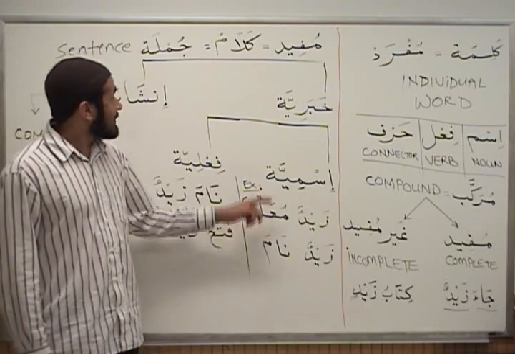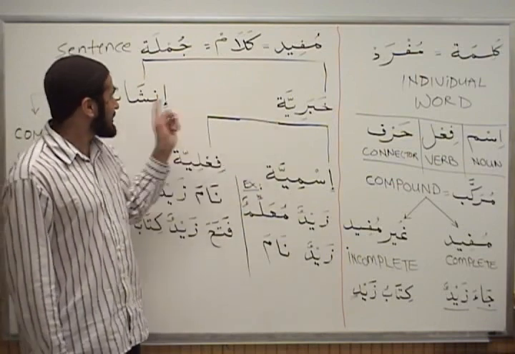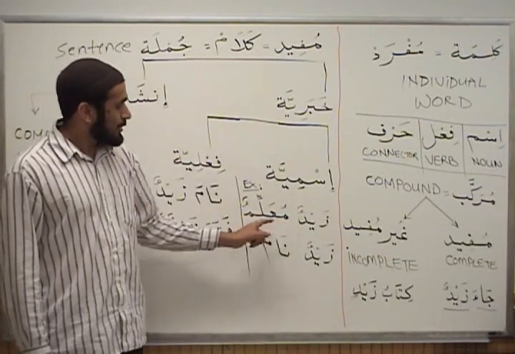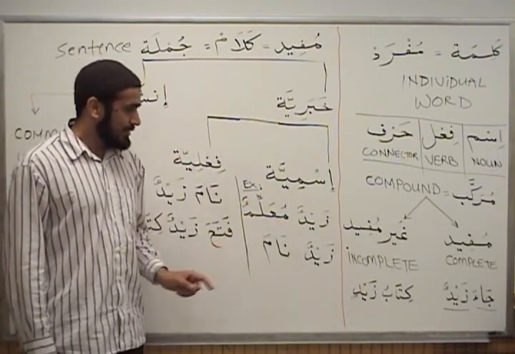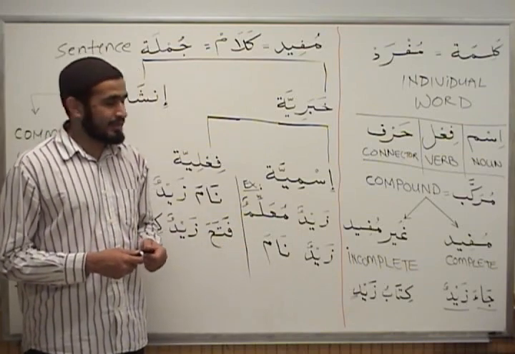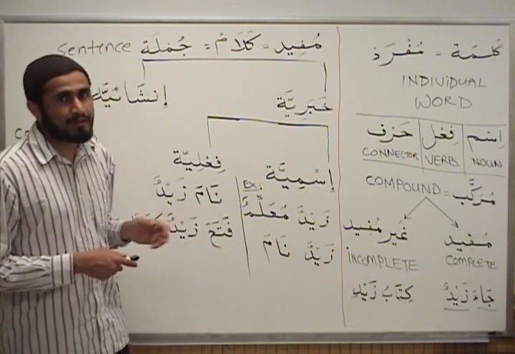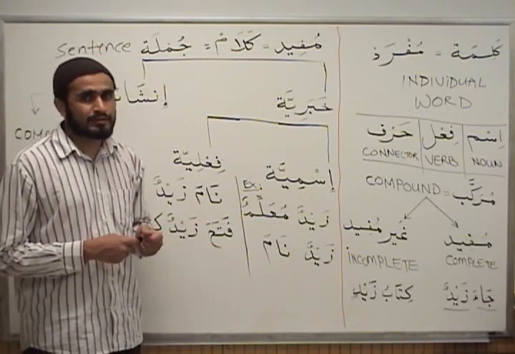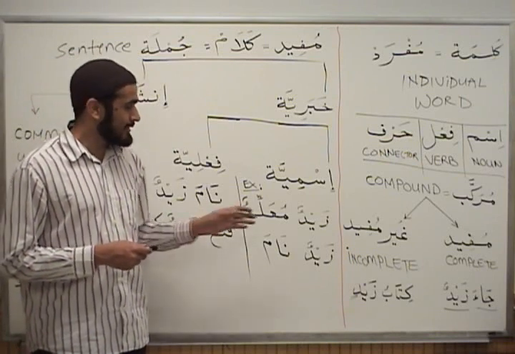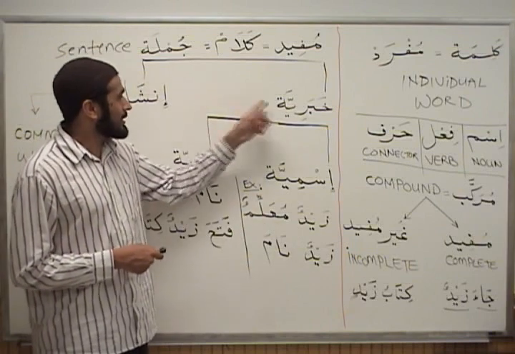Now, since it's mufid or jumla, is it khabariya or insha'iyya? Zaydun muallimun, Zayd is a teacher. When you say that, it's either true or false. He's either really a teacher or he's not. So since you can say that true or false makes sense in this case, therefore Zaydun muallimun is jumla khabariya.